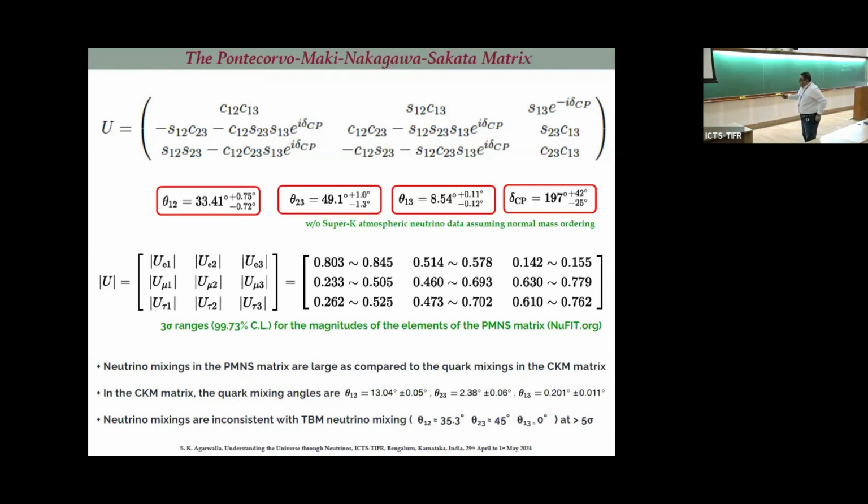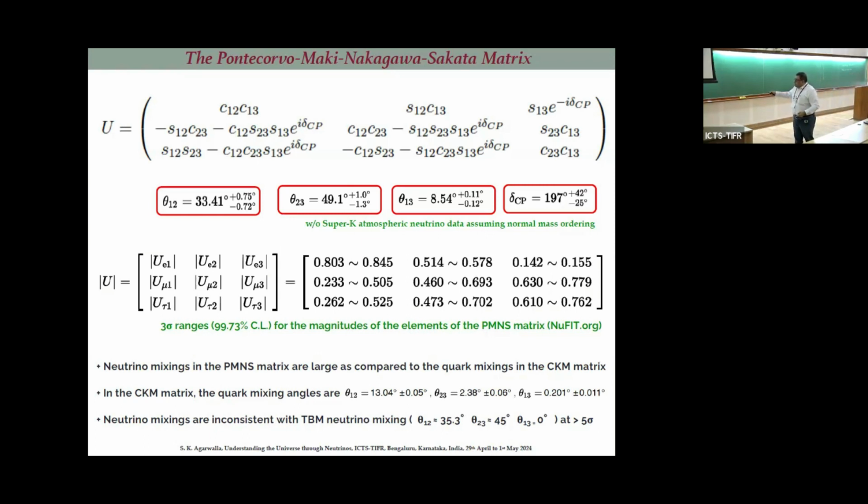So this is the fit without Super-K. I will just give an example. If I use Super-K data, these two parameters, theta 2,3 and delta CP, will be affected much. Theta 2,3 from 49 will go to 42 or 41.